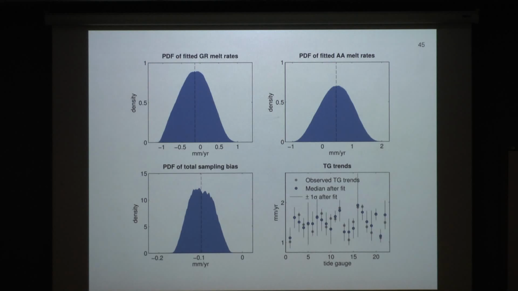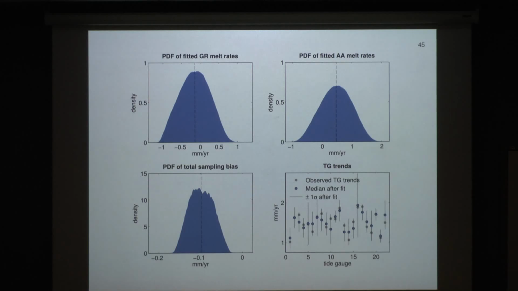And the median of this PDF is right about negative 0.1 millimeters per year, where the sign means that these gauges would tend to systematically underestimate the true global trend. This distribution also indicates that there is no combination of the patterns that satisfy my constraints that will lead to these gauges overestimating the global trend, which I think is really interesting and a surprising result.